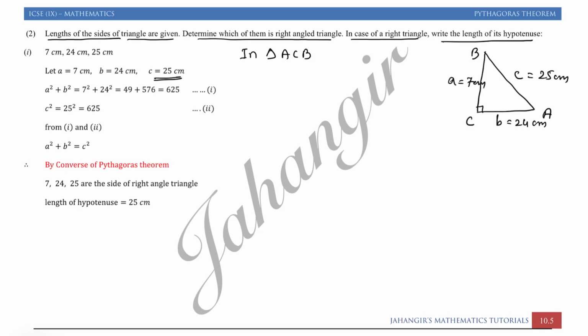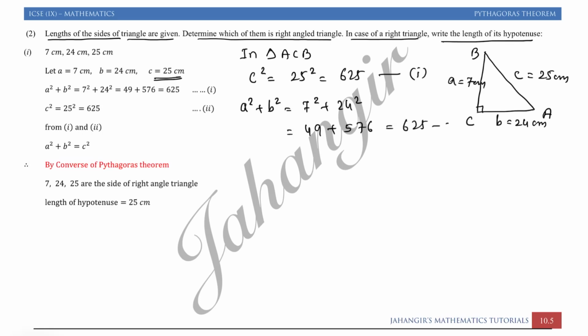First let us find the square of the greater side. So we can say C square is equal to 25 square, that is 625. Keep this as result 1. Then find the square of the remaining two sides. A square plus B square, that is 7 square plus 24 square, 49 plus 576, which is equal to 625.